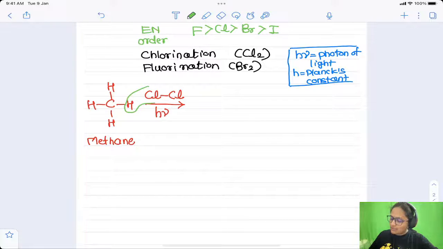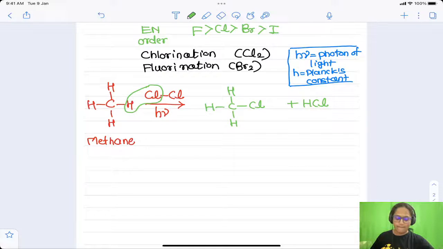One hydrogen of alkane and chlorine of Cl2 is eliminated in the form of HCl, which is a byproduct, whereas the other chlorine gets attached to the carbon atom.